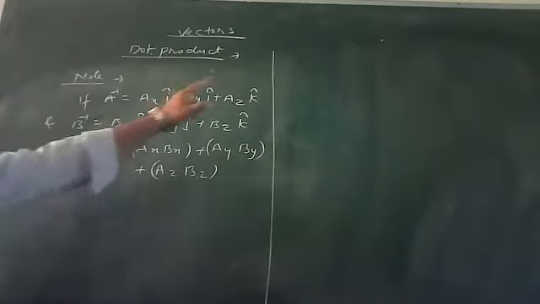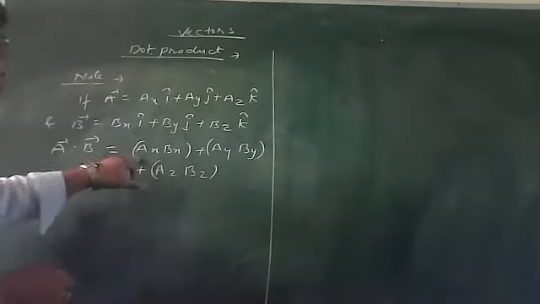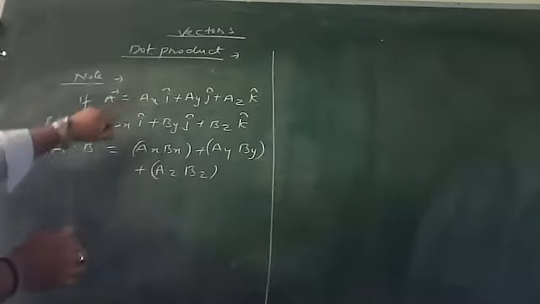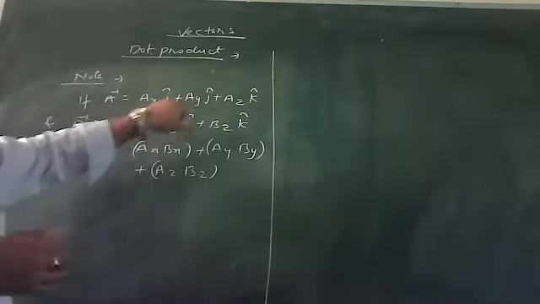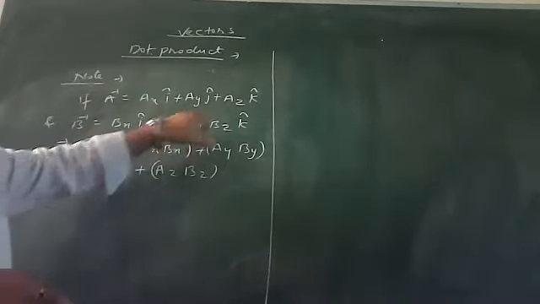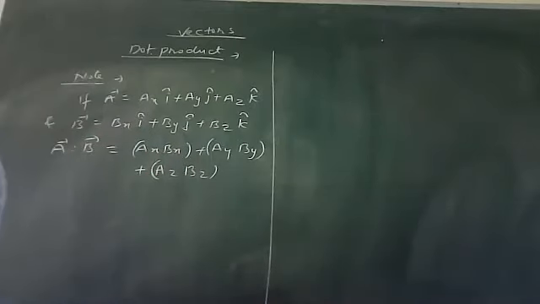If the vectors are available in the form of components, then how are you going to solve the dot product? You have to multiply x with x component, y with y component, and z with z component, because I dot I, j dot j, k dot k will be 1, and all other pairs of different unit vectors will become 0.